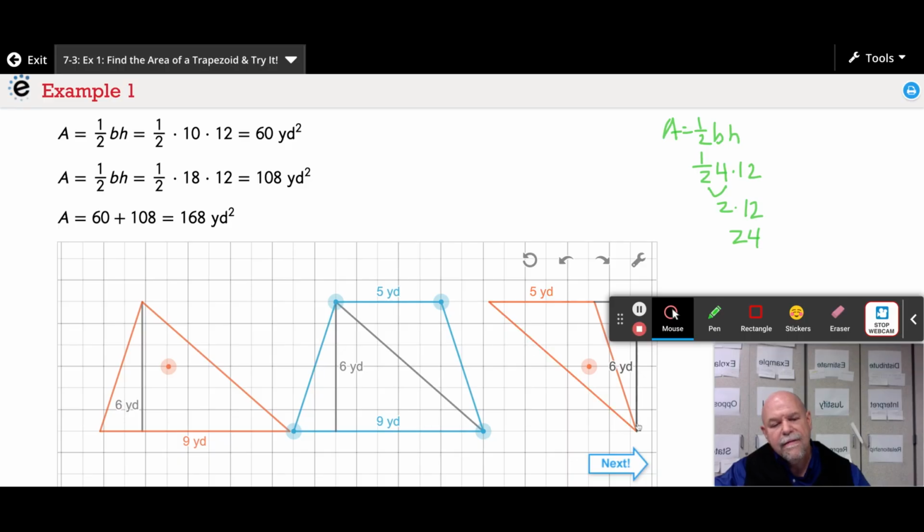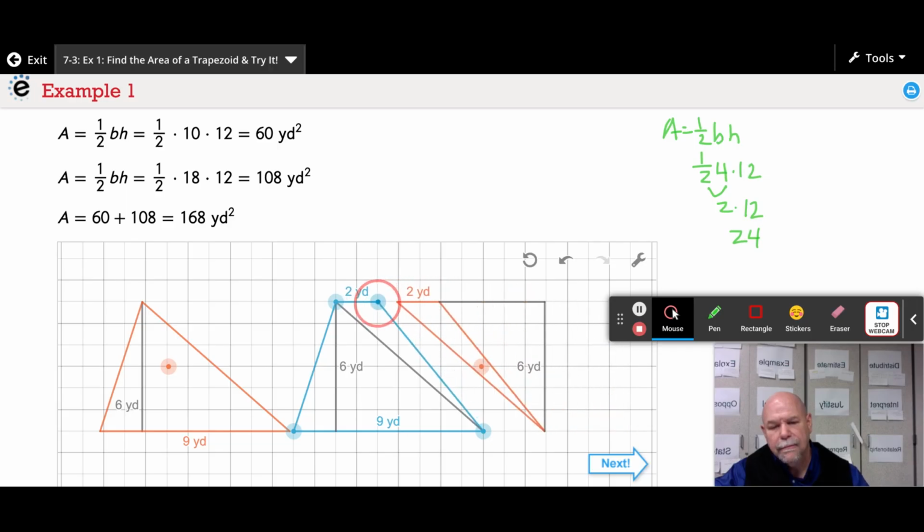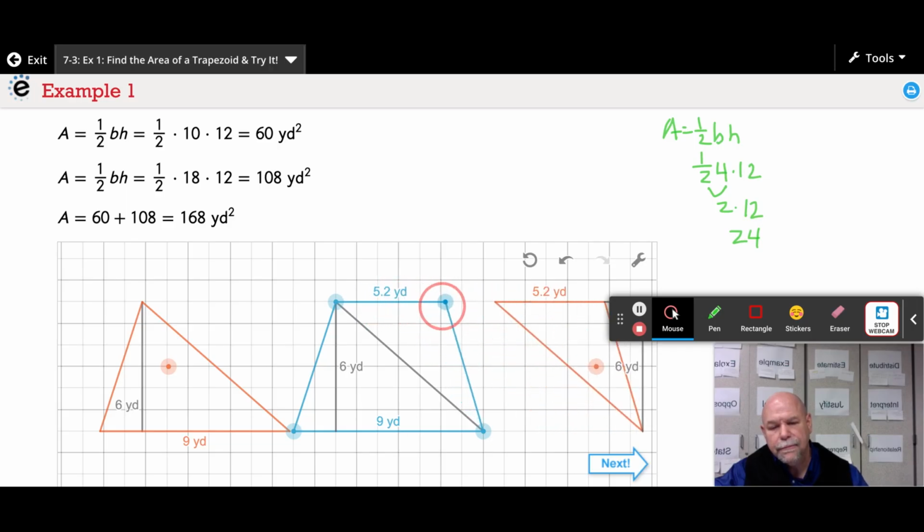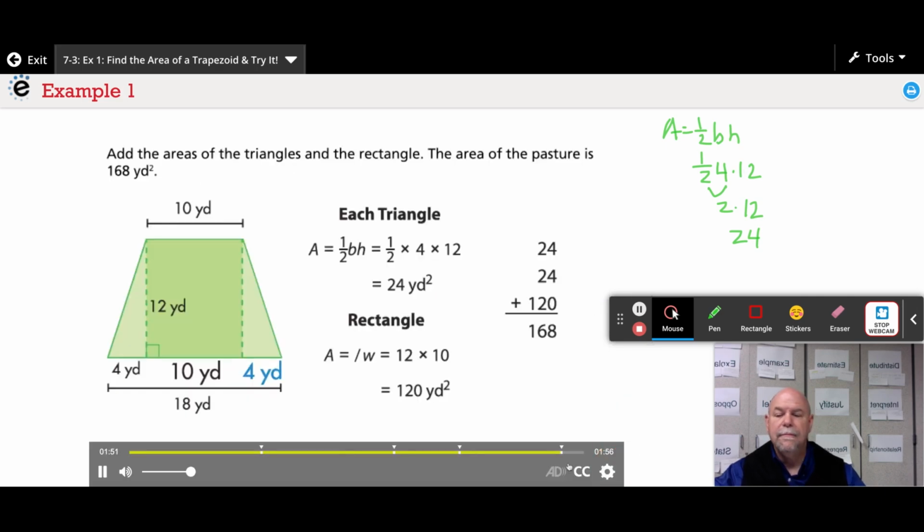So I guess this one in red is the same as this one, and this one in red is the same as this one. Okay, kind of makes sense. Now you know how you can find the areas of special quadrilaterals.